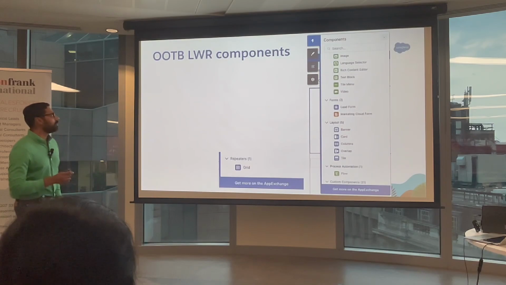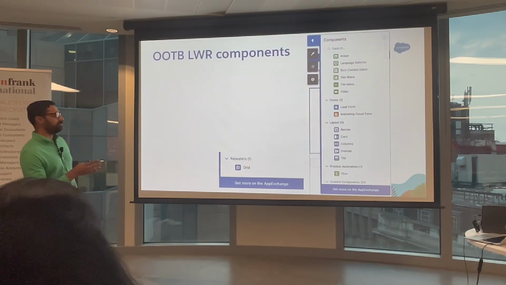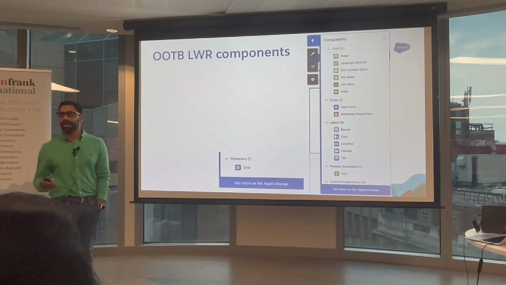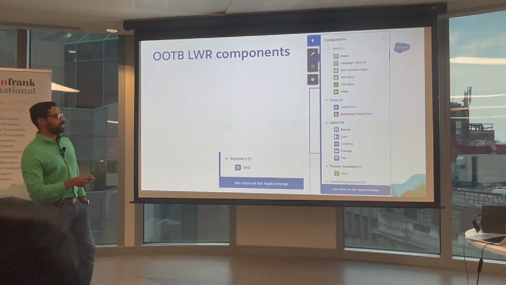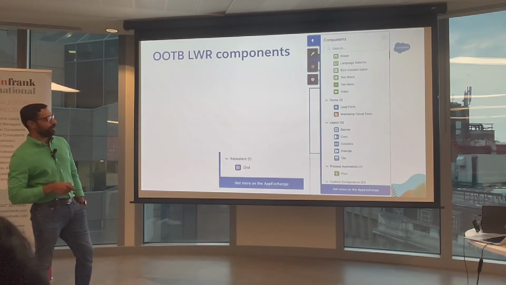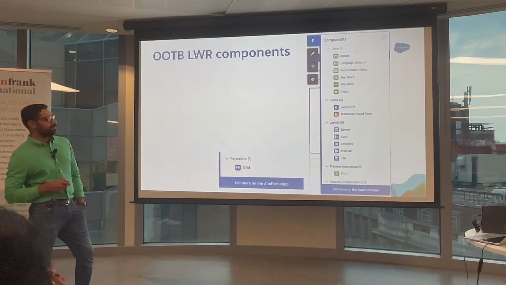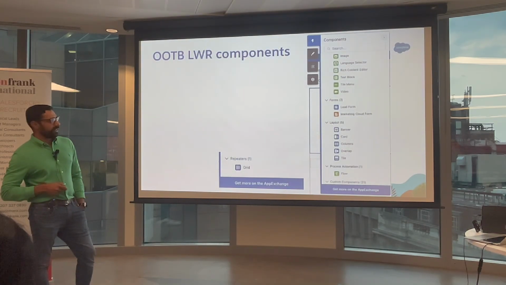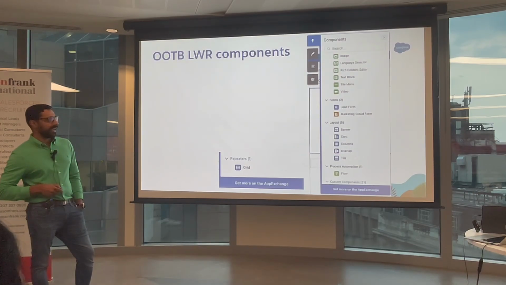I want to talk a little bit about the out-of-the-box components which you get in the LWR sites today, right? These are very different when you look at the Aura sites. So you have all of these different components: image, language selector, some of the layout content, as well as banner, card, columns, overlap, and tile.